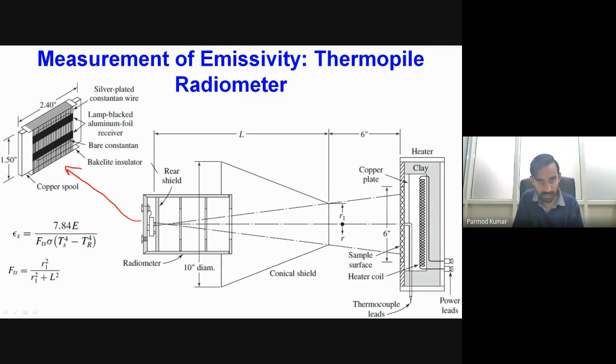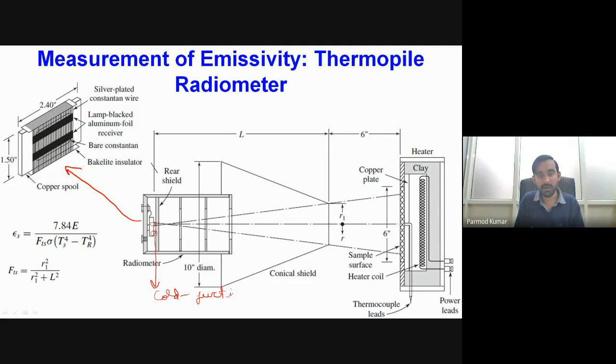The point where all our thermal radiations are focusing acts as a hot junction. At another point we have provided a rear shield which avoids radiations falling on this particular surface, so this acts as the cold junction.